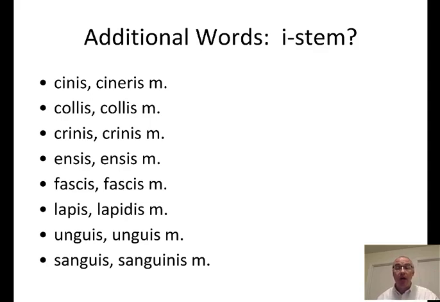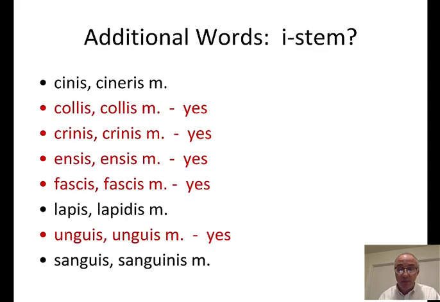Para meaning equal, parasyllabic, no. Unguis, unguis. Yes, it is I stem. Sanguis, sanguinis. No. Sanguis has two syllables. Sanguinis has three. So there you have it. Collis, crinis, ensis, fascis, unguis. All those are I stem. And what does that mean? That just means the genitive plural ends in IUM. That's all it means.